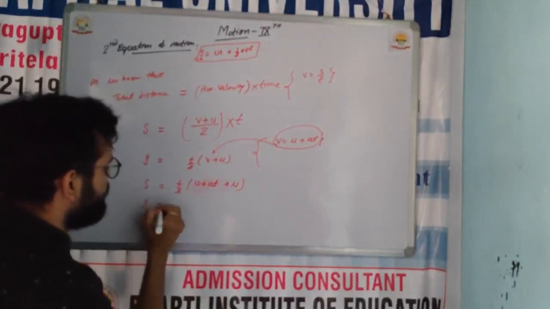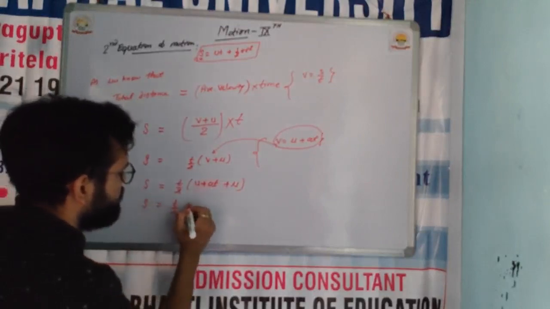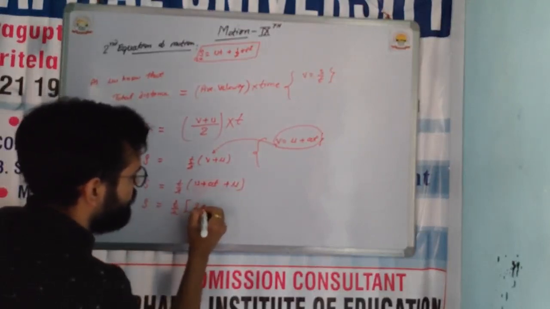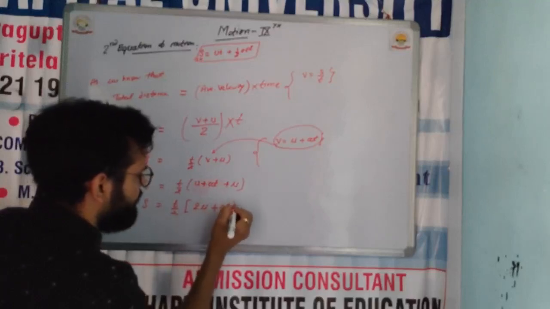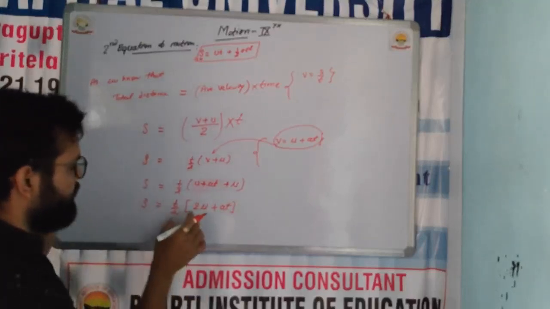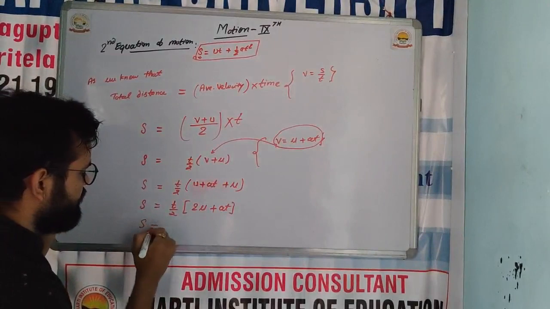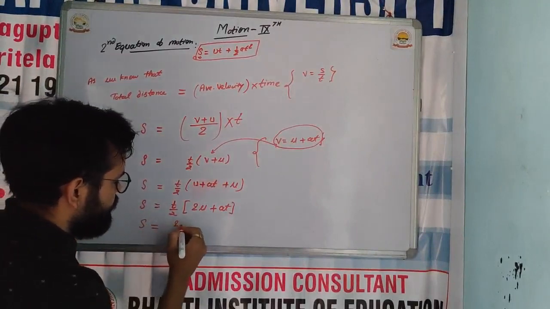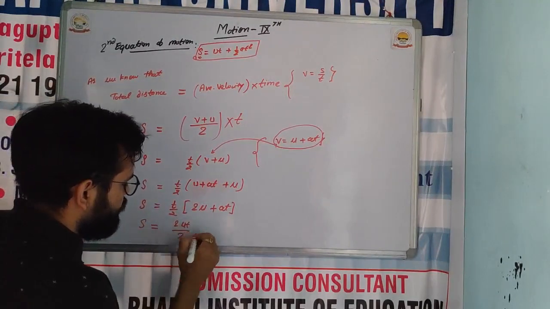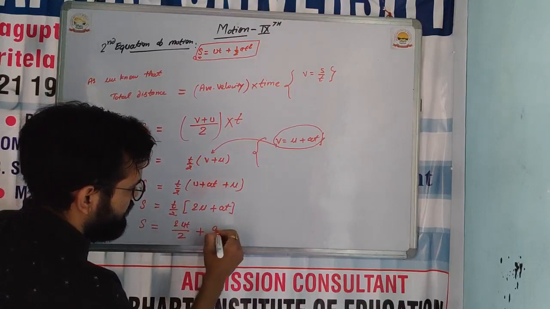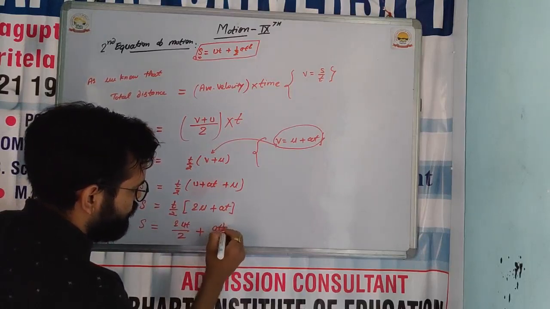Now on solving, we get 2u plus at. Now multiplying one by one, we get s equal to 2ut by 2 plus at square by 2.